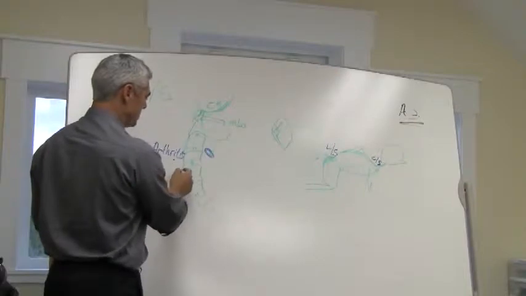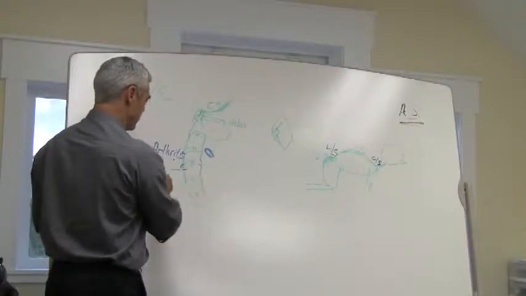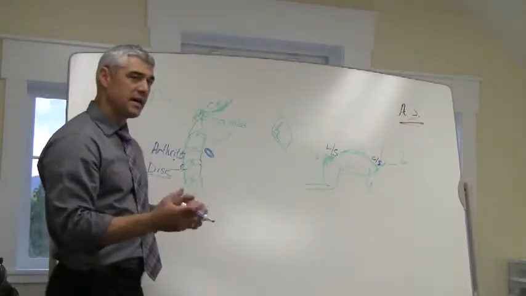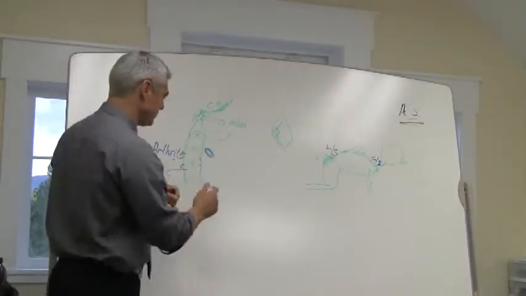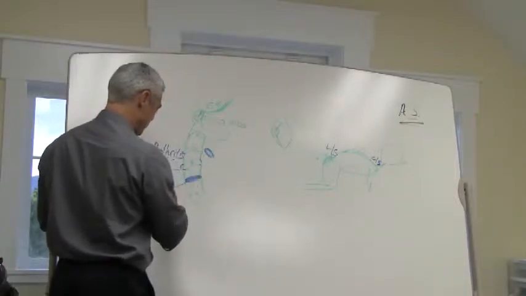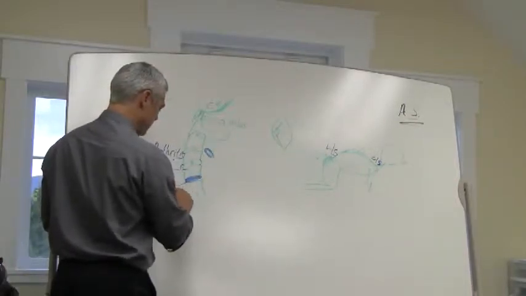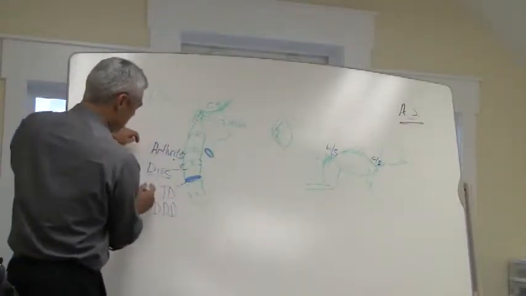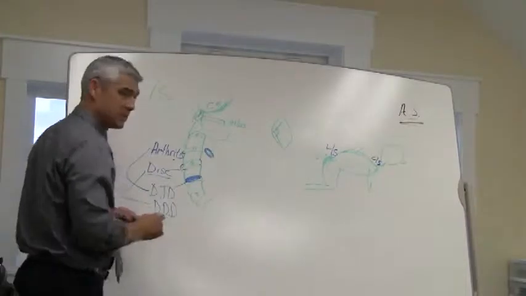A bulging or protruding disc. What else can cause that loss of movement or function? A desiccated disc, or degenerative joint disease, or degenerative disc disease, DDD. Basically these two are the same and these two are the same.